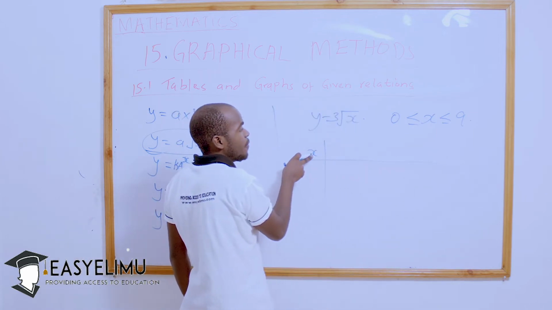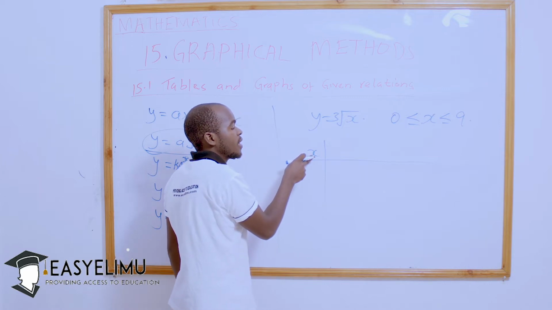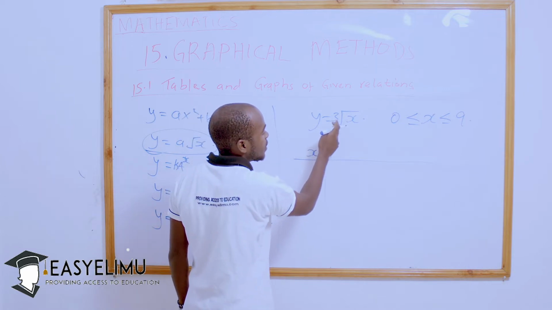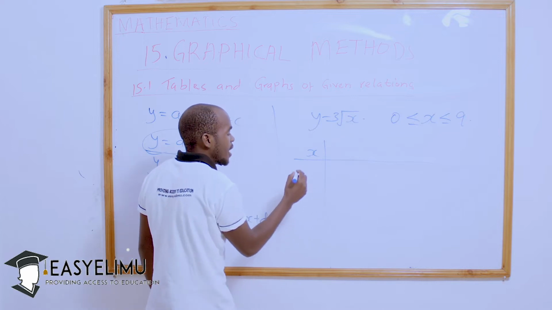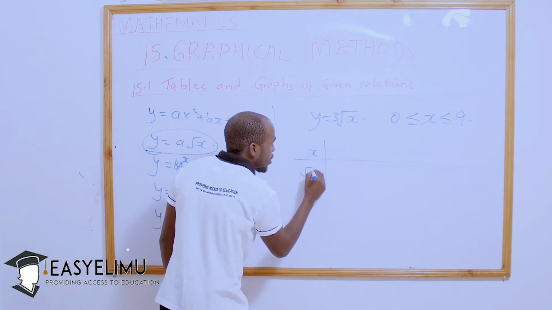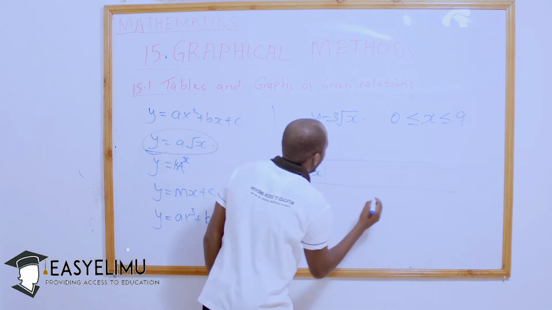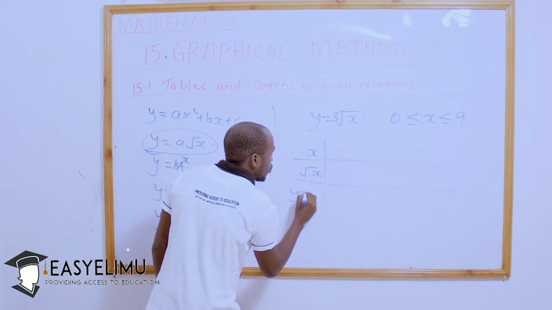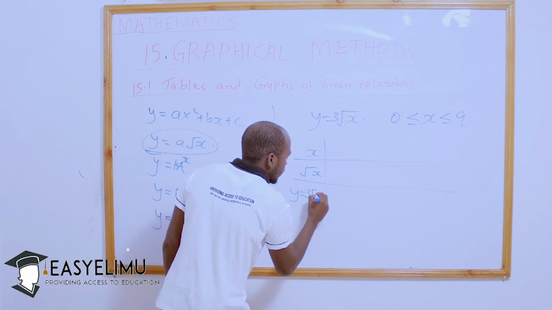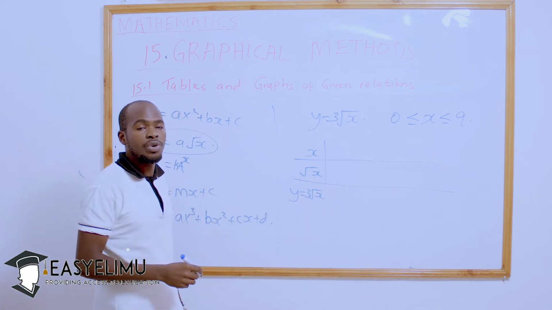The first row is for the value of x, and since it is 3 root of x, the next one is where we shall find the root of x, and then the last is where we are going to find y equals 3 root x. That is what we shall be doing.